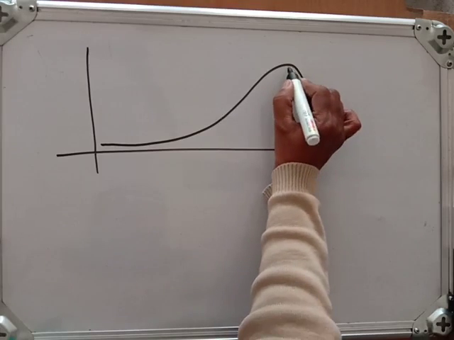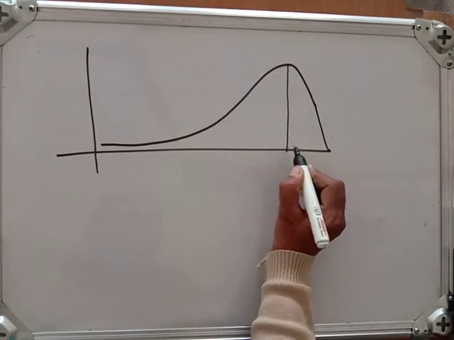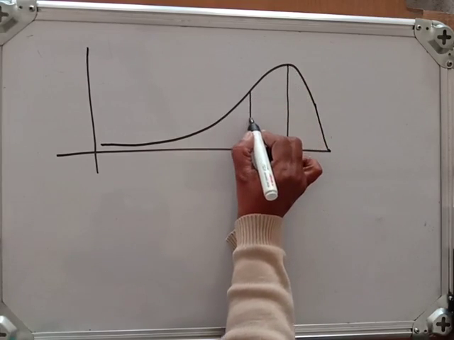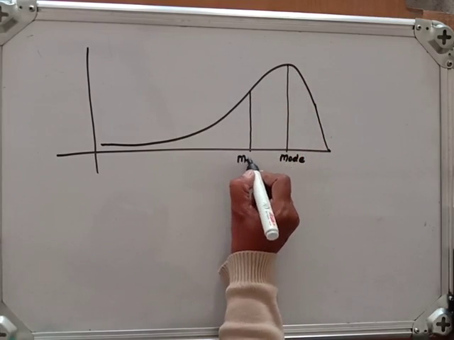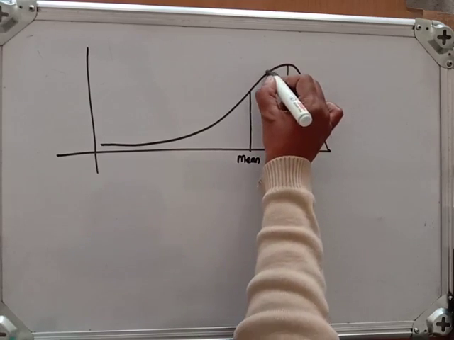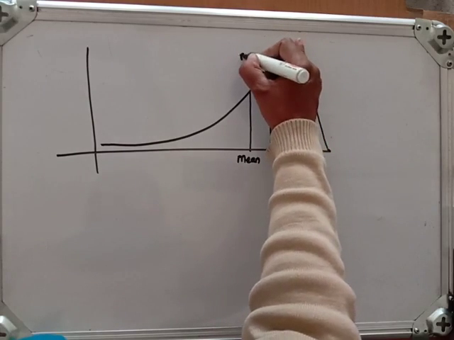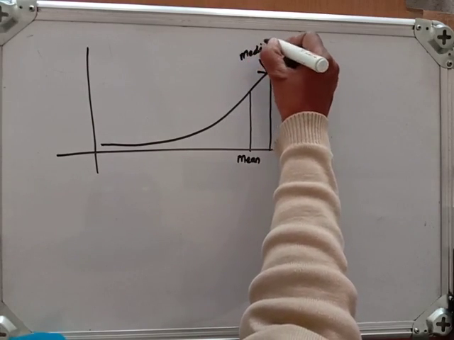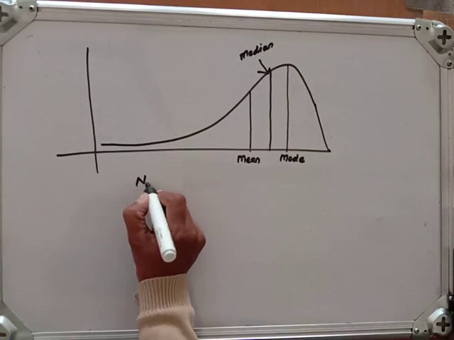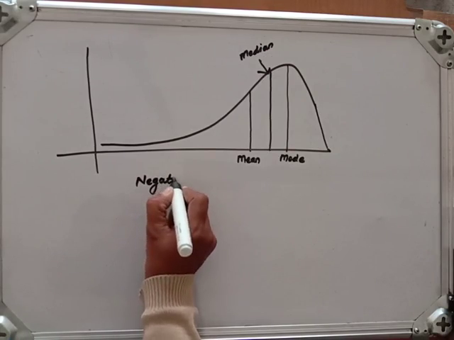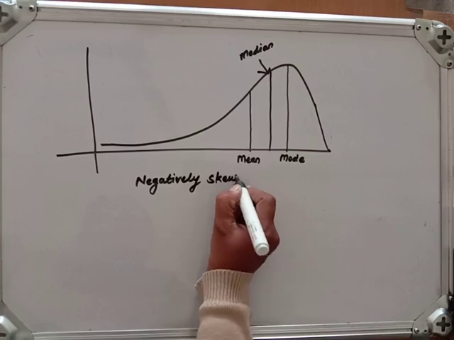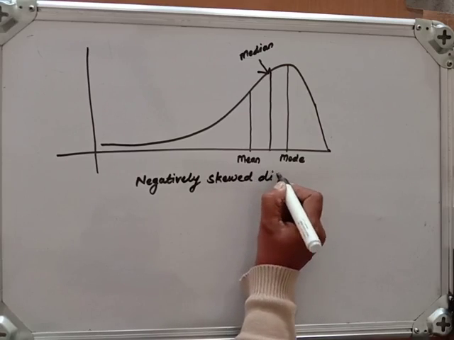Here this is the mode, and somewhere the mean, and the median is in between them. This is the median. Now this is a negatively skewed distribution.